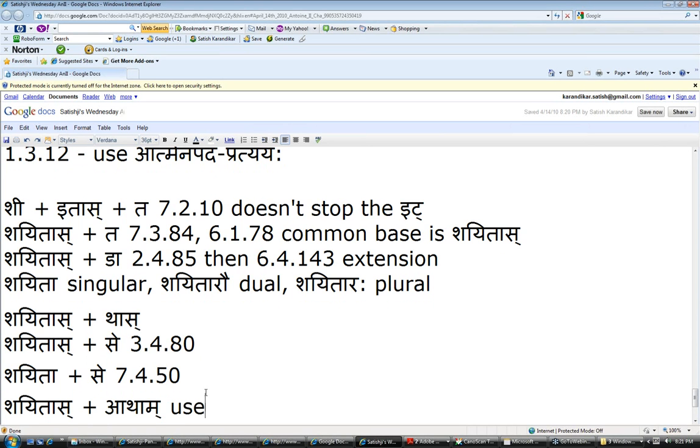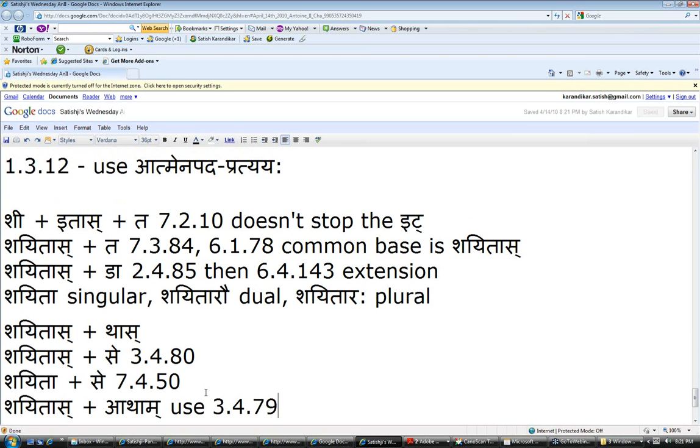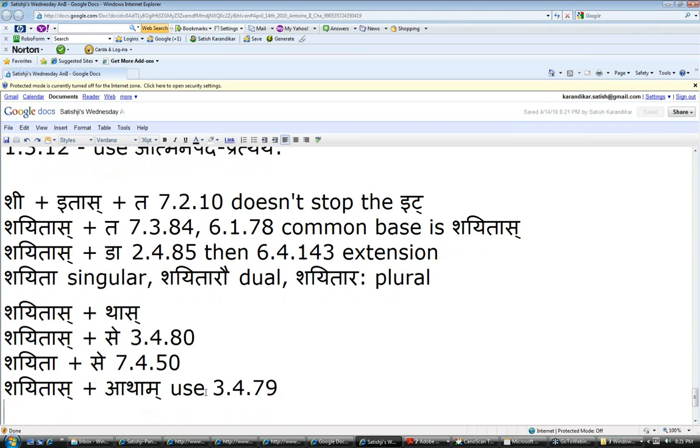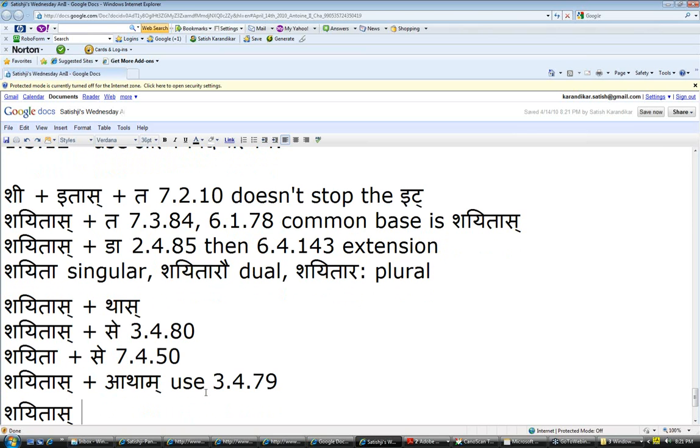So then use 3-479 Titaha Atmanipadanam Tere. In the Atmanipadam, the T bhagaha becomes A, so Atham becomes Athe. So then we get the Shayitas plus the Athe. Let's just join that, Shayita.